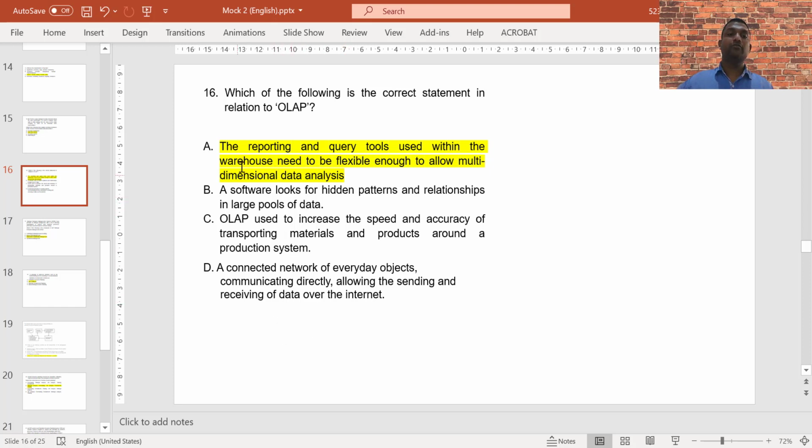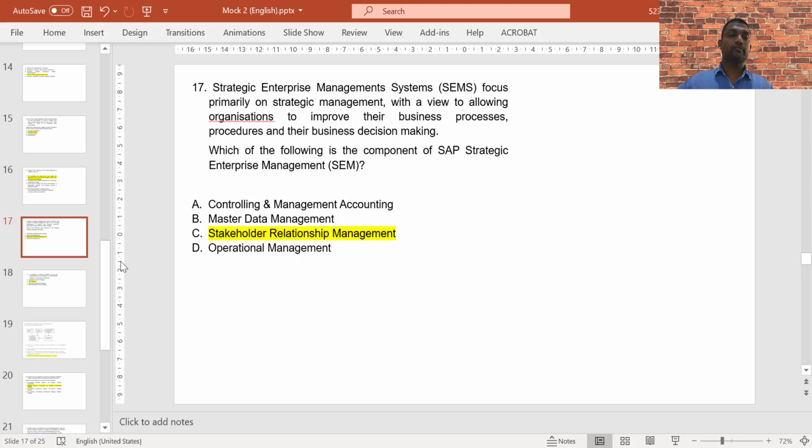But maybe when you use this data, you can take decisions which can affect these processes and improve them, but the tool itself cannot be used to increase the speed and accuracy of these processes. So the first one highlighted is the correct answer, right?